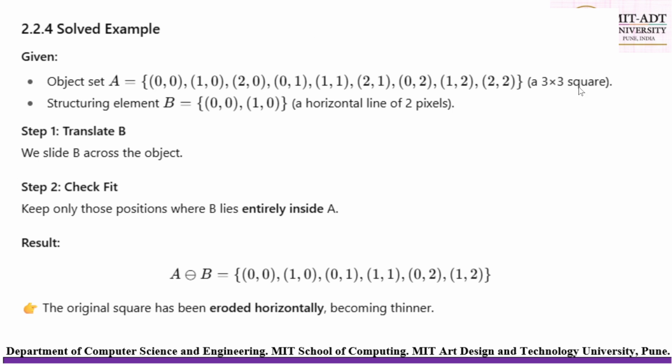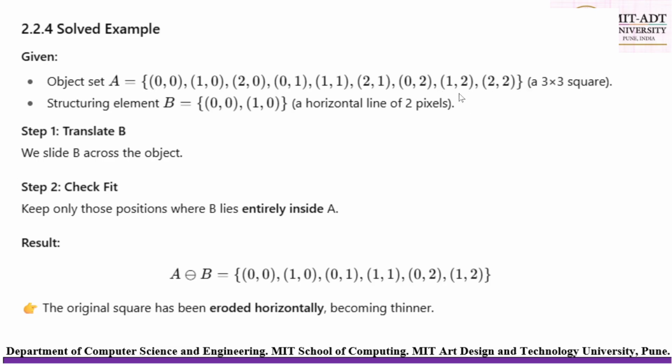Wherever the B is fitted into this 3 by 3 square image, and this is my 2 by 1 size, this will give you the shrunk object. So a completely thinner object I will get, right? This is nothing but a horizontal line of 2 pixels.